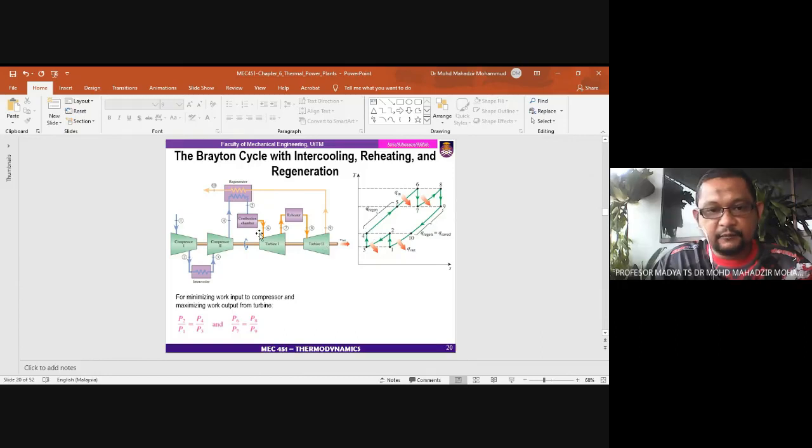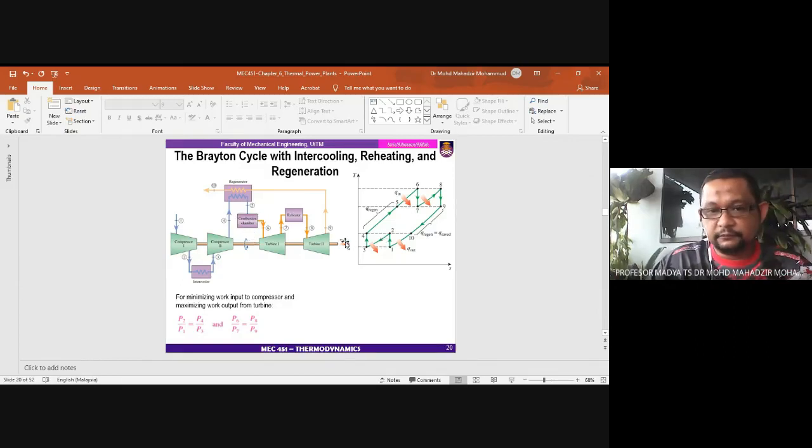When it comes to state number 4, the air that has been let into the compressor system with the intercooler will be more compressed air, or compressed gas, before it is able to combust in the combustion chamber.